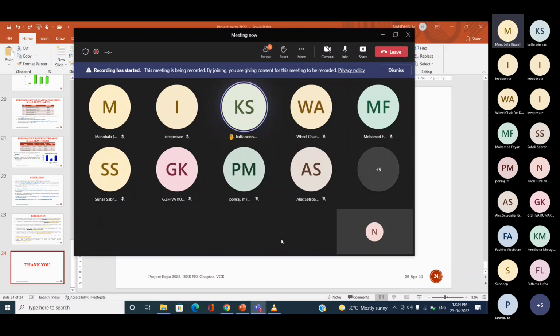Are you connecting any load for your experiment? No load, sir. Without a load, how do you sense the current? That's what I'm asking. During experimenting, you may connect some small load, then only you can expect some current. By short circuiting the panels, we can measure the current using a current sensor, sir.